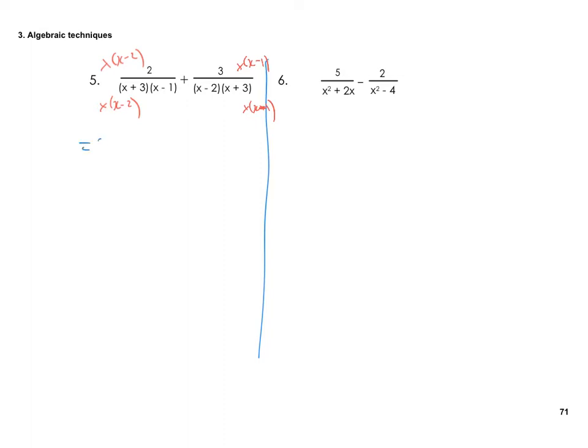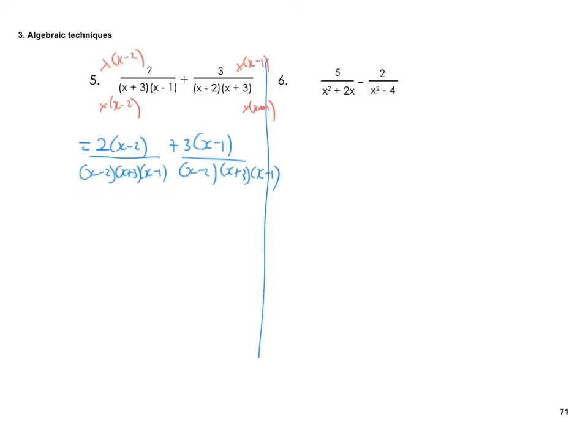We now have 2(x minus 2) over (x minus 2)(x plus 3)(x minus 1), plus 3(x minus 1) over (x minus 2)(x plus 3)(x minus 1). So remember, we've got to make these both the same, which our common factor is now this, (x minus 2)(x plus 3)(x minus 1).